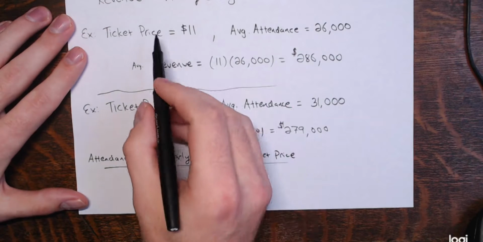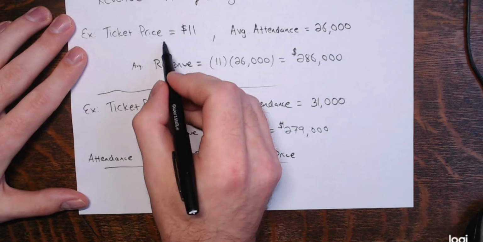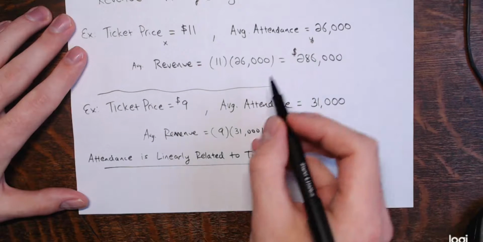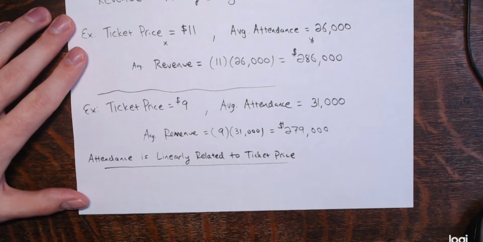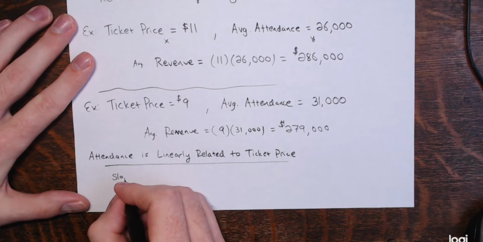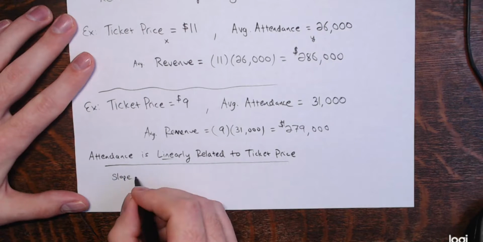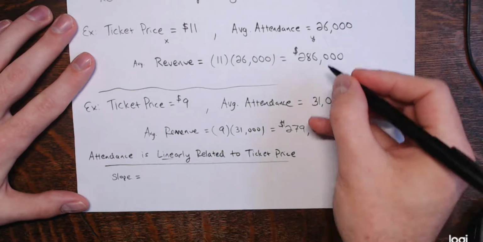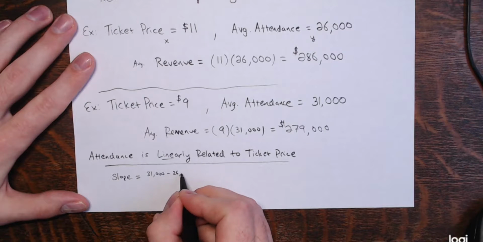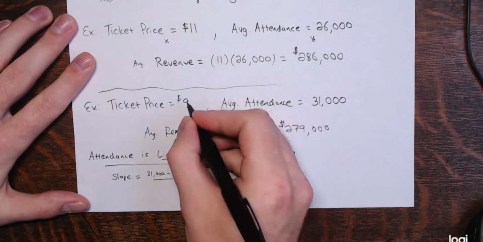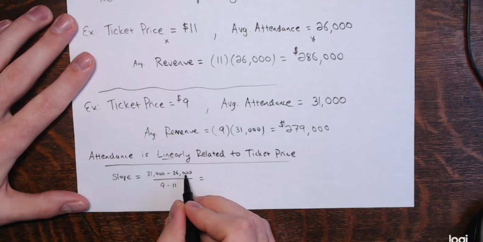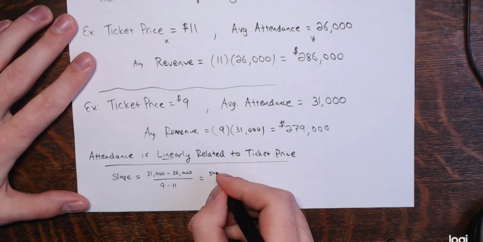So that means we should be able to write an equation like this. If I call ticket price X and average attendance Y, with the ticket price as the X coordinates and the average attendance as the Y coordinates, the slope of that line would be 31,000 minus 26,000, the change in output divided by the change in input, 9 minus 11. 31,000 minus 26,000 would be 5,000 divided by negative 2.